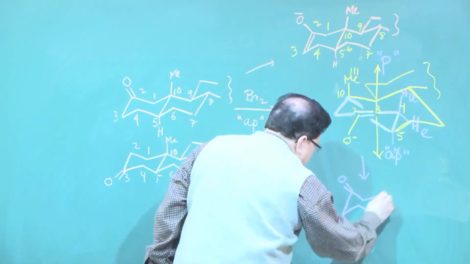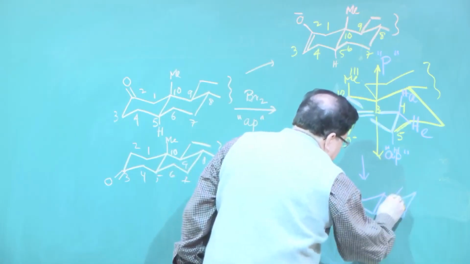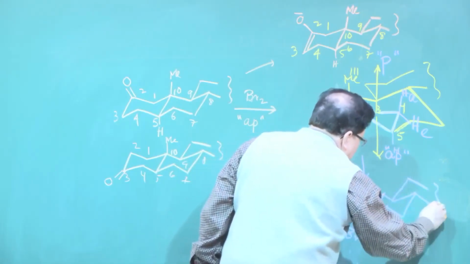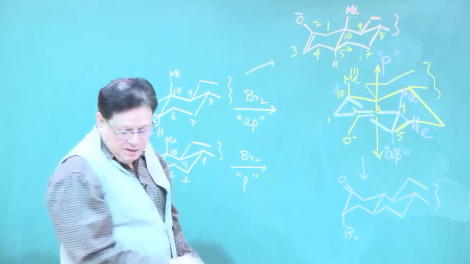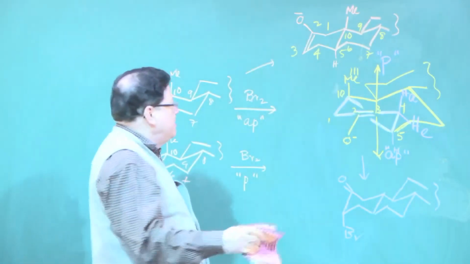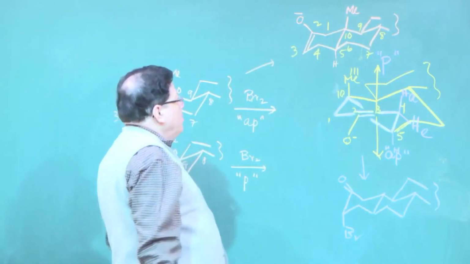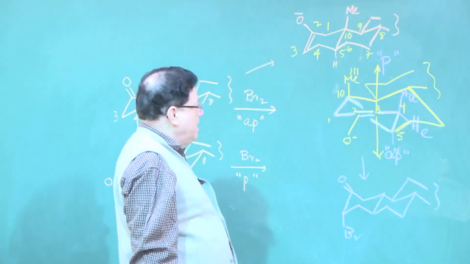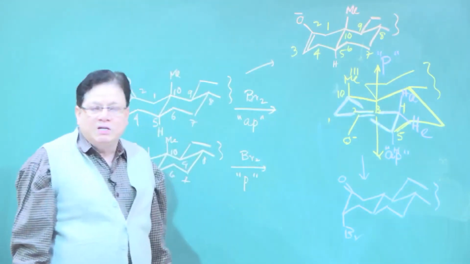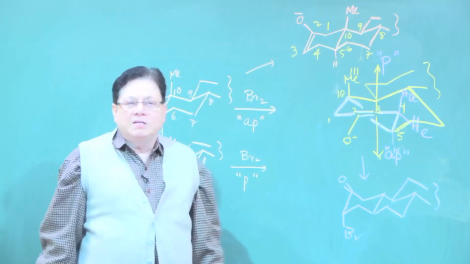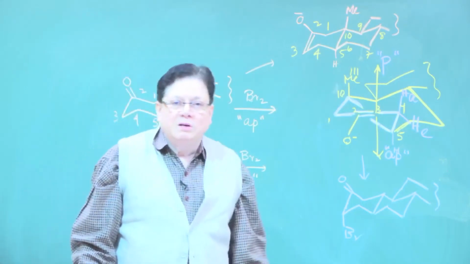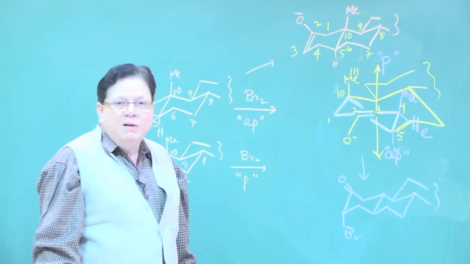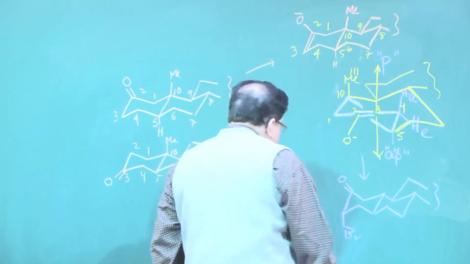This is your bromine. So that is the first molecule where anti-parallel attack takes place, in the absence of any other overriding interactions, no such strong diaxial interactions. That means it is probably a late transition state.